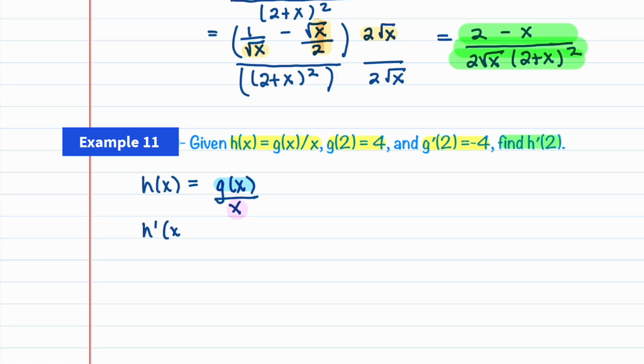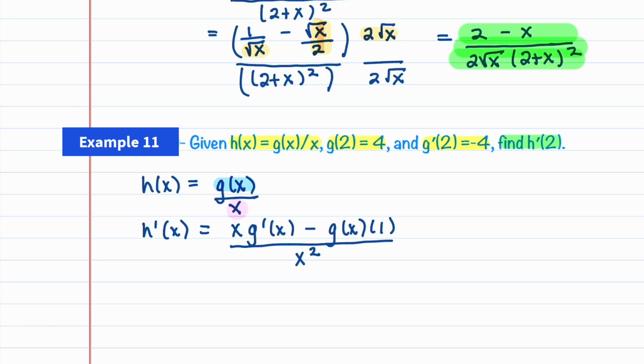H prime of x is going to be x, the bottom function, times the derivative of the top, minus the top, which is g of x, times the derivative of the bottom, which is the derivative of x, which is just 1. And we're going to divide all of that by our bottom function squared.